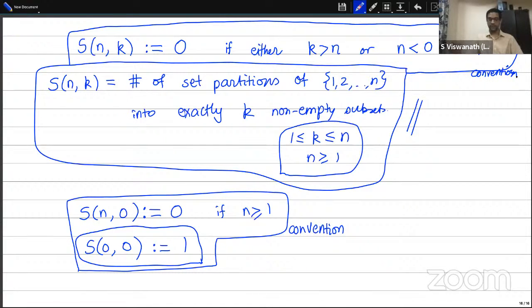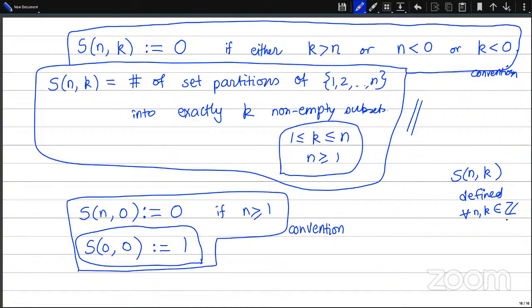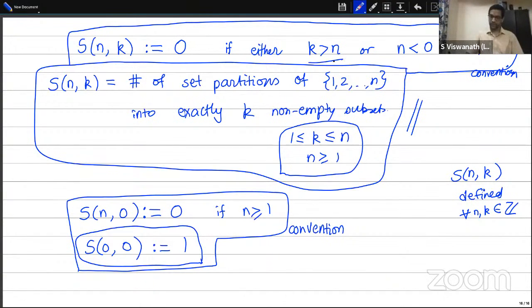Okay, so I have defined these numbers S(n,k) now for all integers n and k. Observe what this finally does for us: S(n,k) has now been defined for all integers n and k. Positive, negative, 0, everything. Now what about S(0,k)?